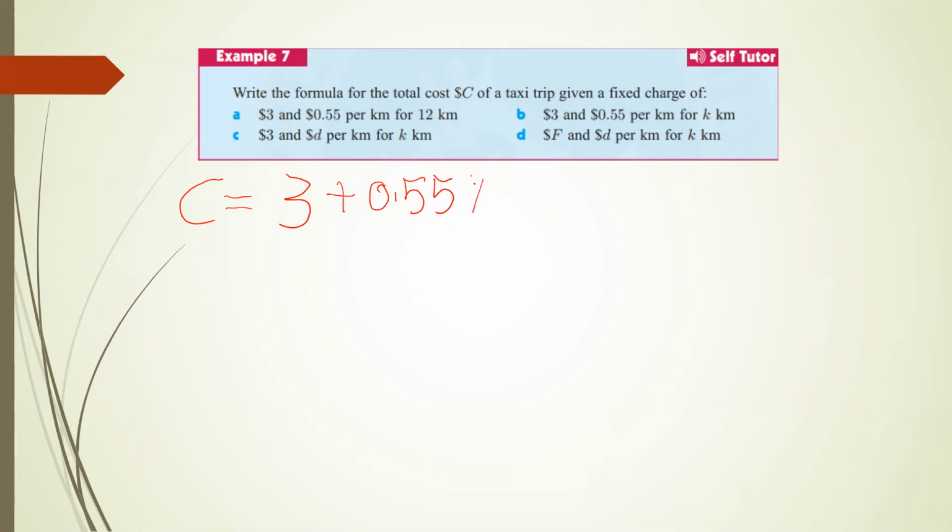So this 0.55 will be multiplied by 12 and you can add a parentheses like that.